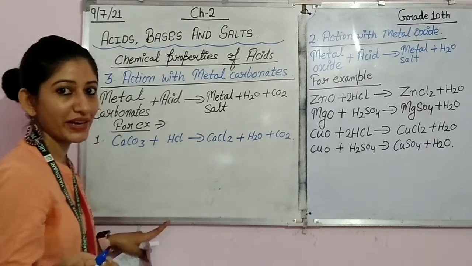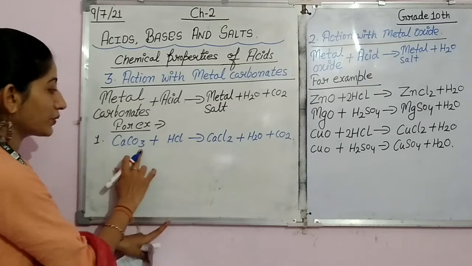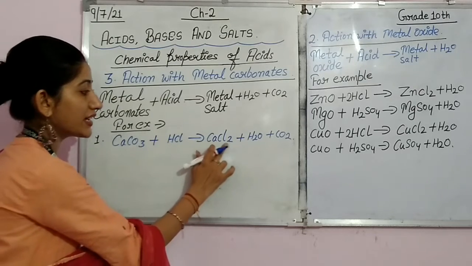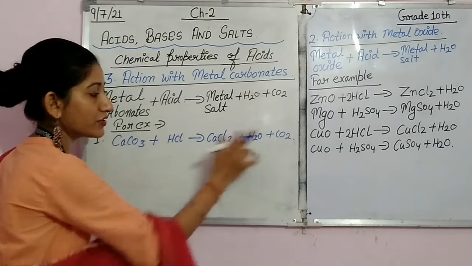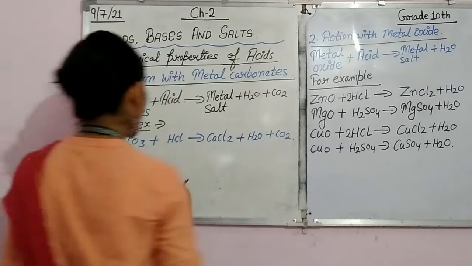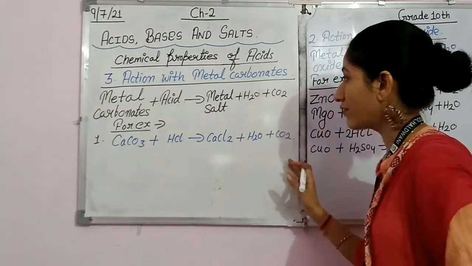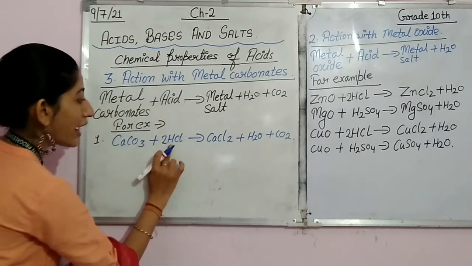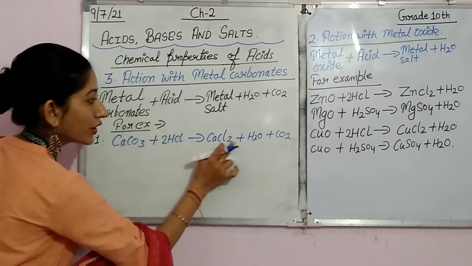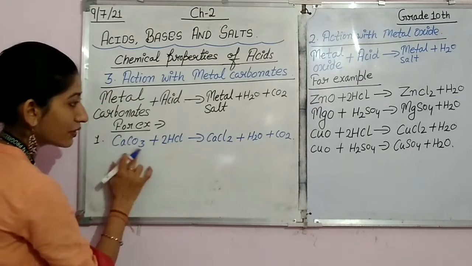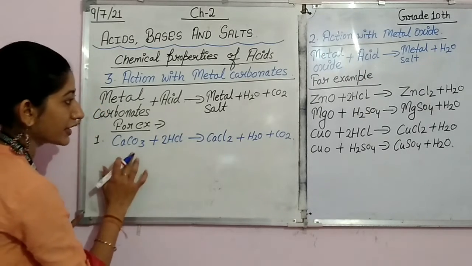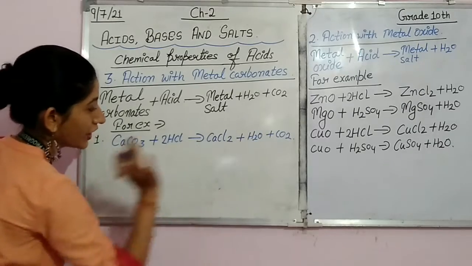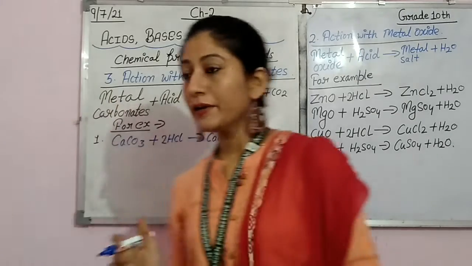When we balance it, we have to put 2 here because there are 2 hydrogen and 2 chlorine. The carbon is already single and the oxygen number is 3. So it is balanced, right?